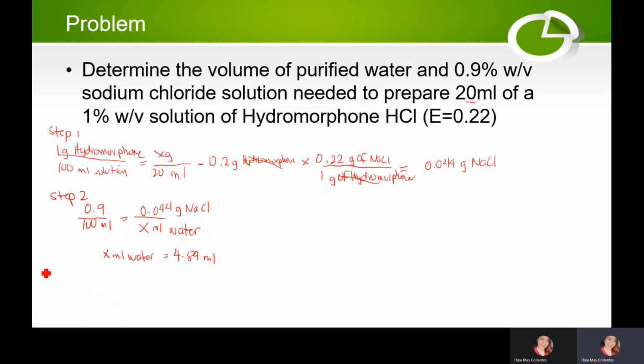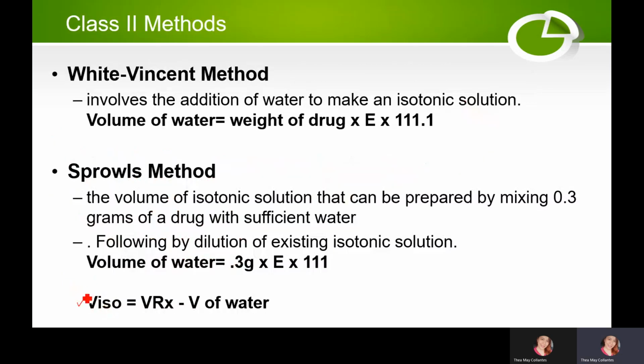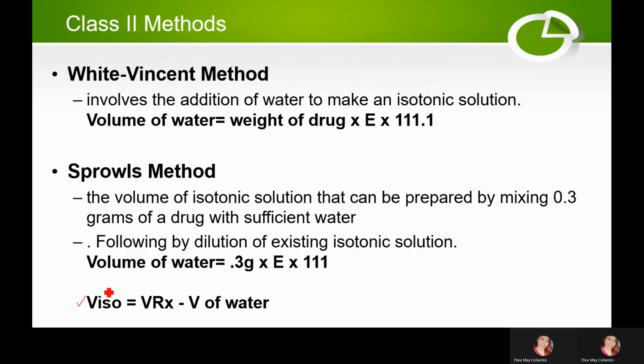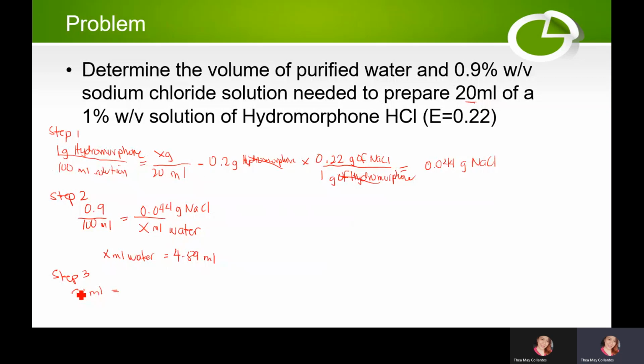So for step 3, how much do I need? I want 20 ml. The volume of my isotonic solution is still the one I want to have, so the volume that I'll be needing is 20 ml.